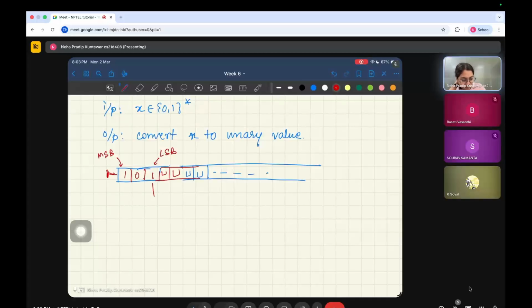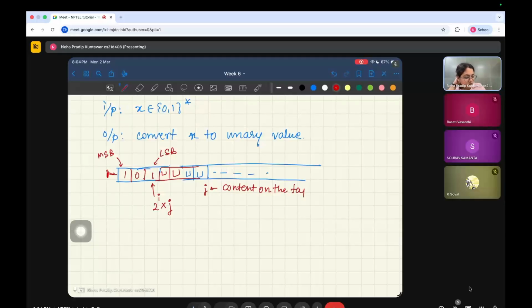So the value here is basically 2 to the i times j, where j is the content on the tape.